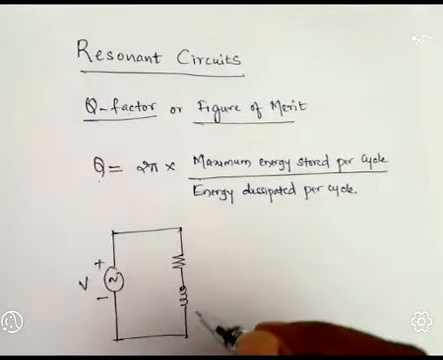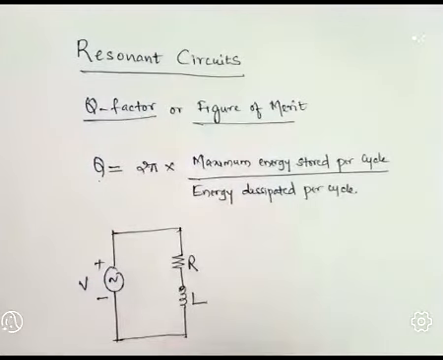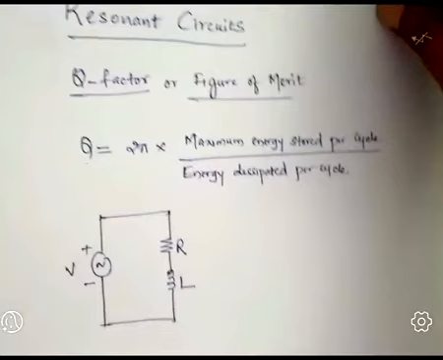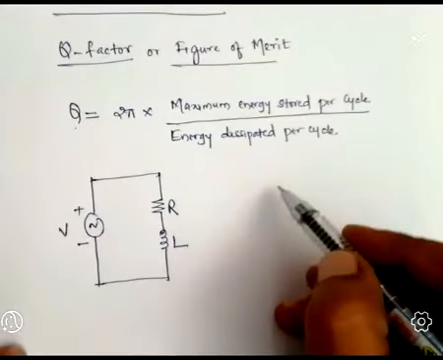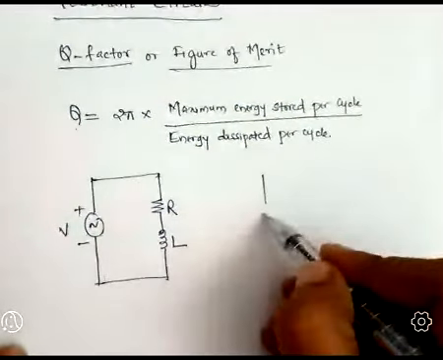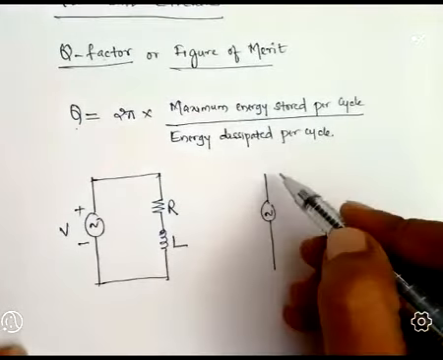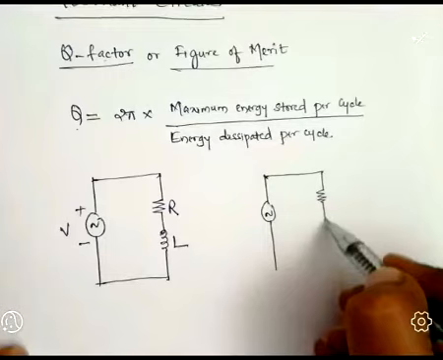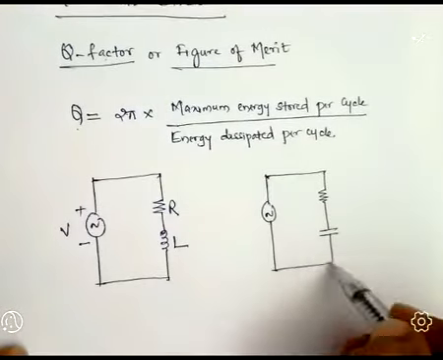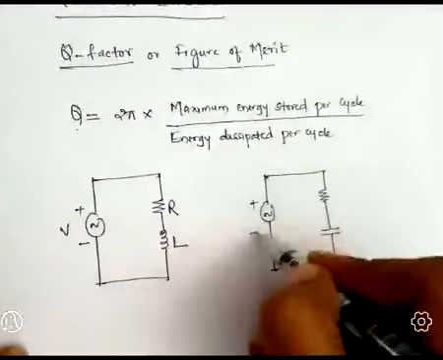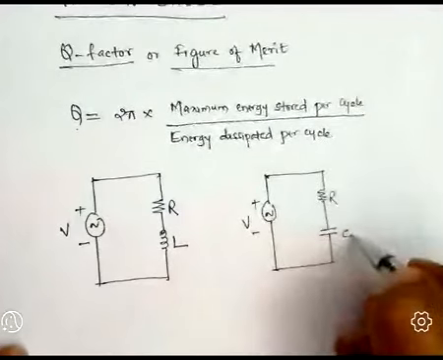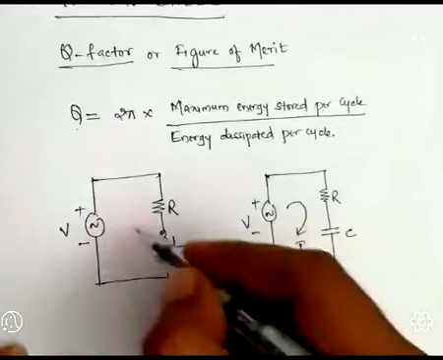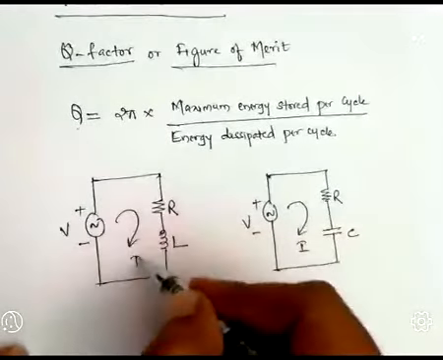This is resistor R, this is inductor L. And one more circuit I'm going to consider, that is a resistor in series with a capacitor. This is resistor, this is capacitor. Now through this circuit, current I is flowing. Similarly here also, current I is flowing.